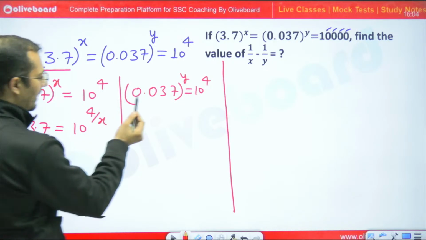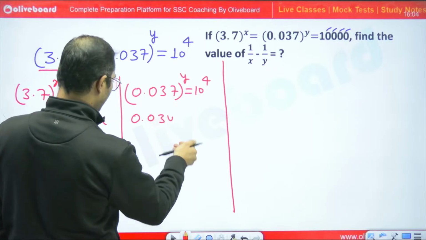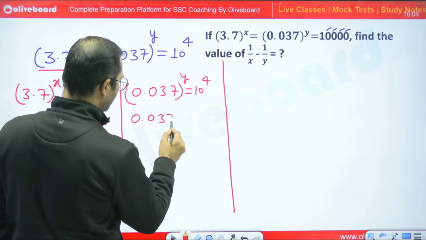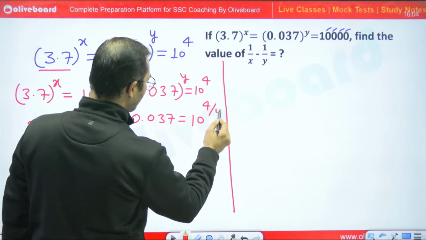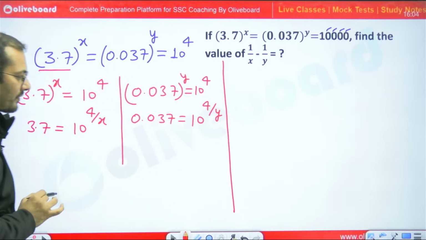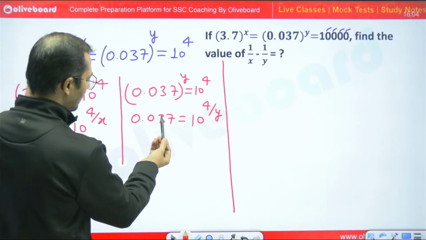Clear? And here we can say that 0.037 would be equal to 10 to the power 4 upon y. No problem. See, here is 3.7, here is 0.037.